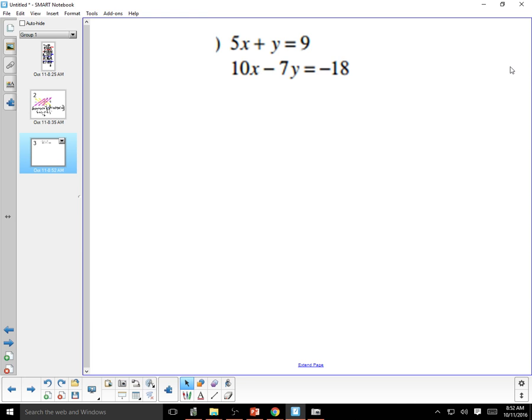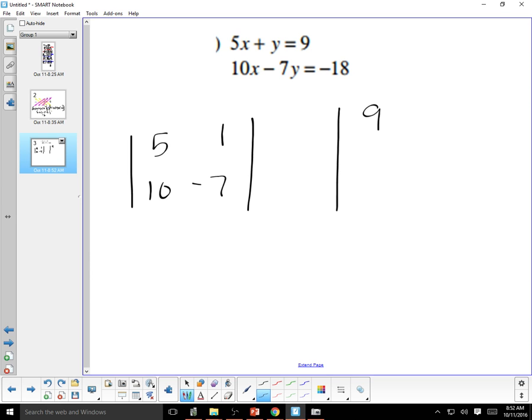Here we go. Let's make the first matrix: 5, 1, 10, -7. And then, of course, the answer ones would be 9, -18, right? All right, let's find the determinant first.